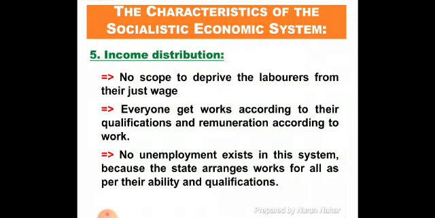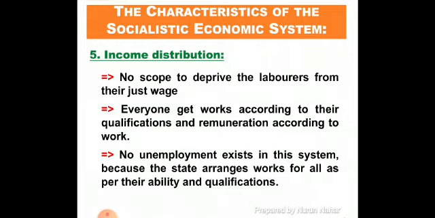All the laborers or the executives, those who are working, get work according to their qualifications and remuneration according to their work. That is, as much as a person can work, as much wage or salary he or she will get. In this sort of socialistic economic system, there is no chance of an unemployment problem, because the state arranges work for all as per their ability and qualifications.